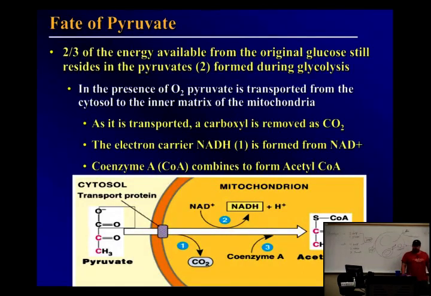So hold your breath. When you get to the point where you're about to pass out, you're probably going through fermentation. Or, if you're exercising, you can only take in so much oxygen, right? So your body is forced to do fermentation. And at that point, you get to keep the 2 ATP. But if you're breathing air, you don't get to keep it.